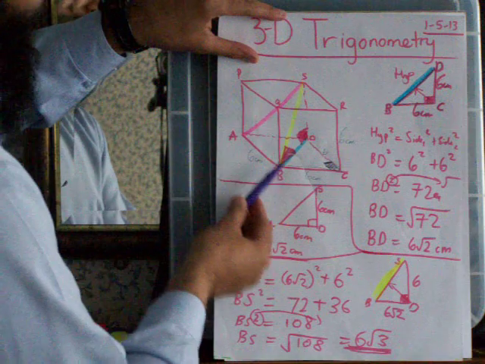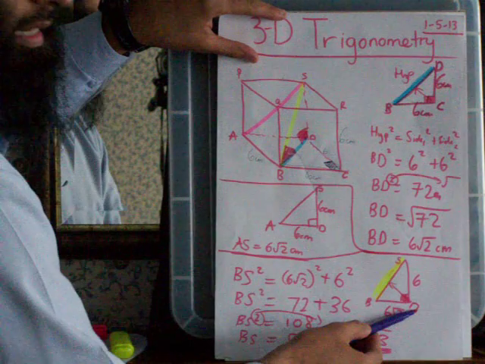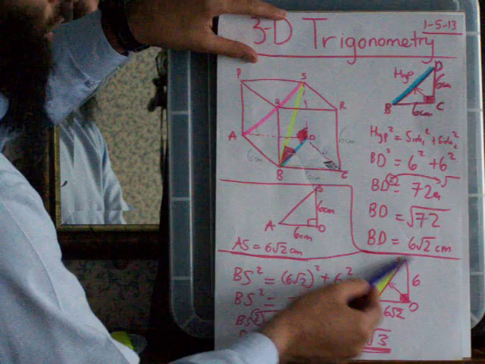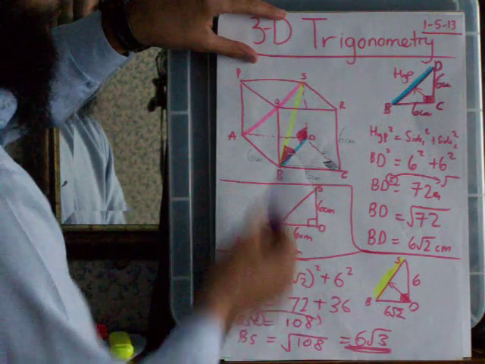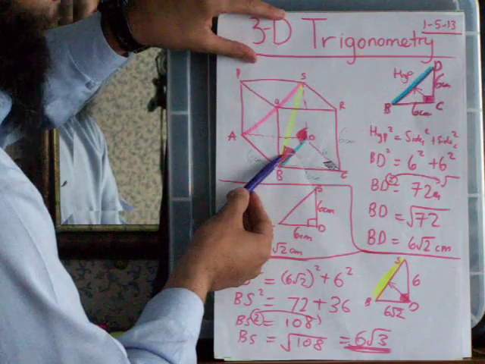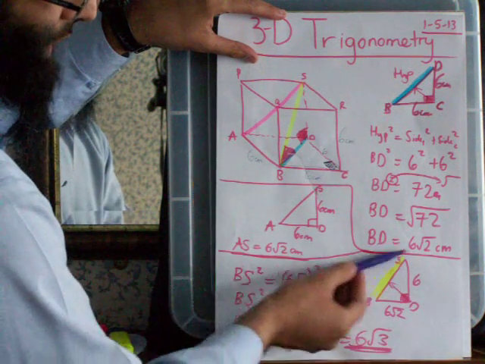Now if you look at this SBD, do you remember the triangle that we've just done over here? SBD. So we are now going to reuse this triangle. We're going to relabel this diagram on the other page and work out the angle over here. So SBD is in the same previous triangle that we just used. So let's now copy it up.